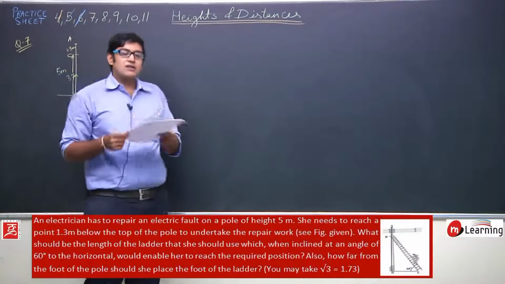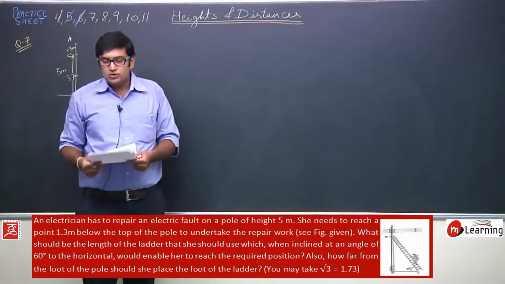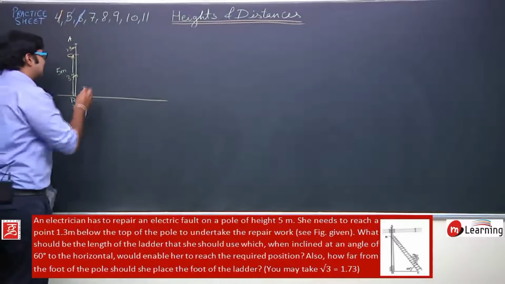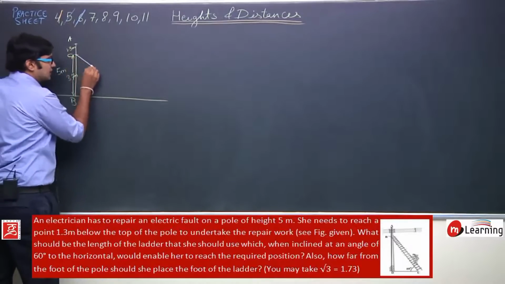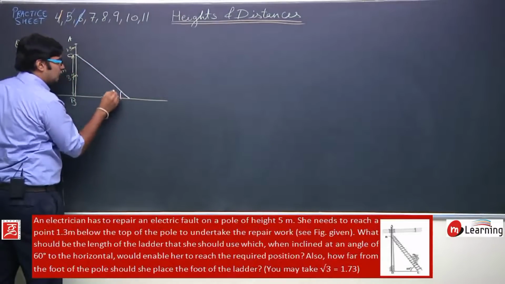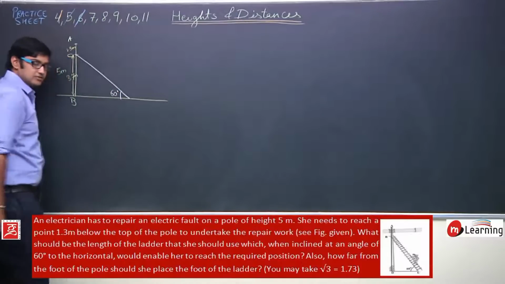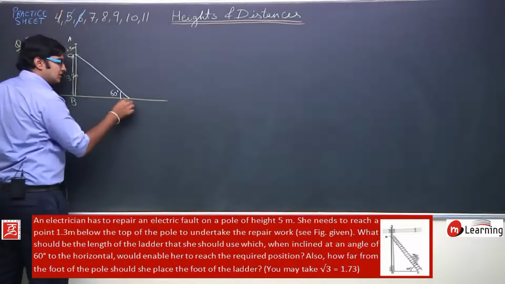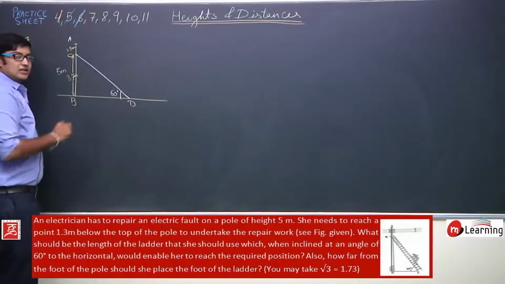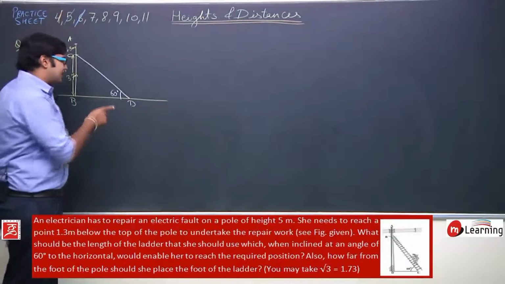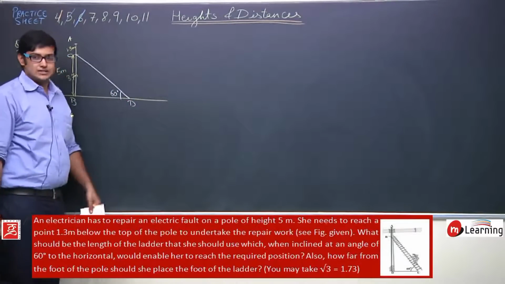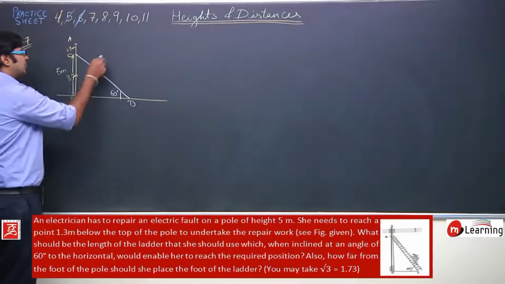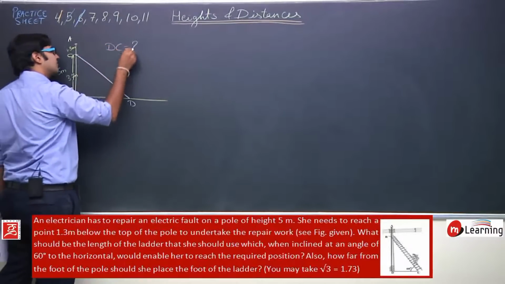We need to determine what is the length of the ladder that should be used, such that if he inclines the ladder at an angle of 60 degrees, okay, the ladder which the electrician is using, DC is the ladder, this ladder should be inclined at an angle of 60 degrees. So we need to calculate the length of DC.